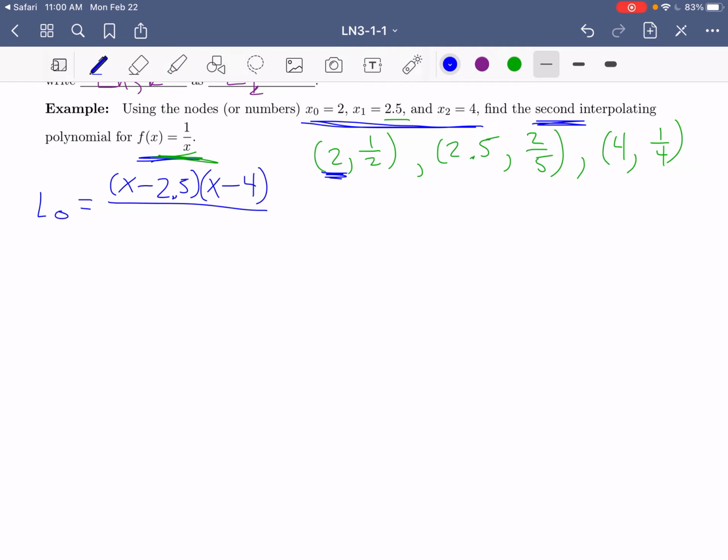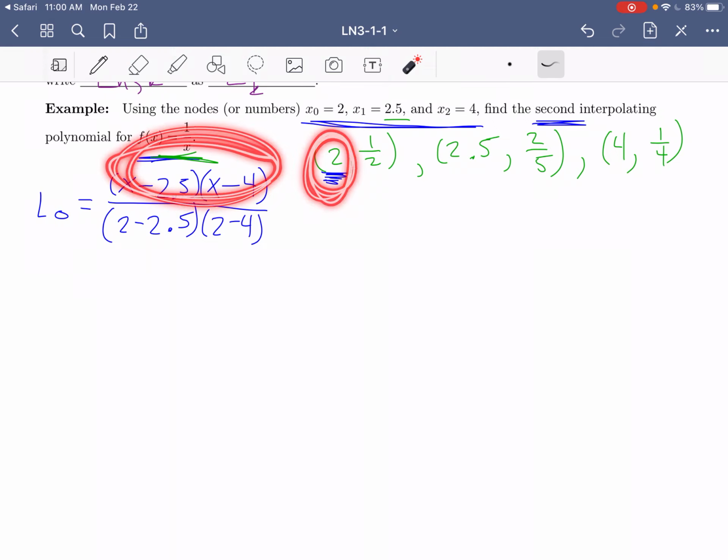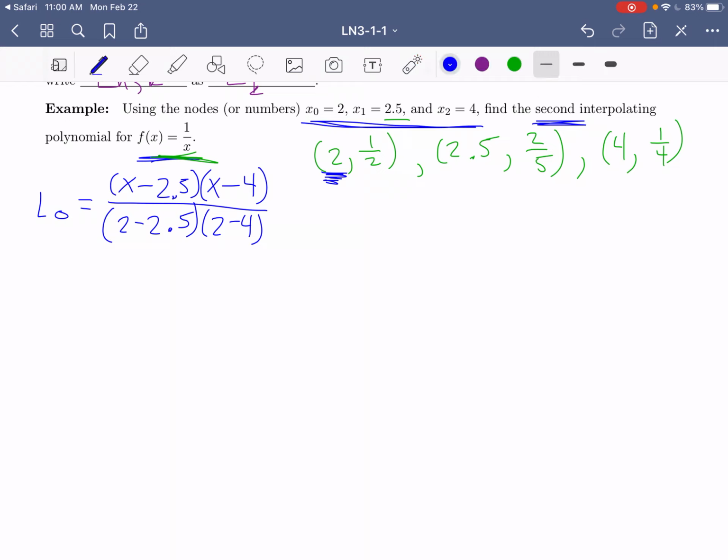And then on bottom, we'll take that first x value that we skipped over, and we subtract 2.5, and we subtract 4, right? So you can think about, on the bottom, you are just plugging this value into whatever you would have got into your x places on top. And so that is L0.